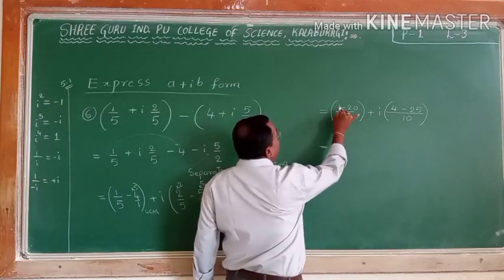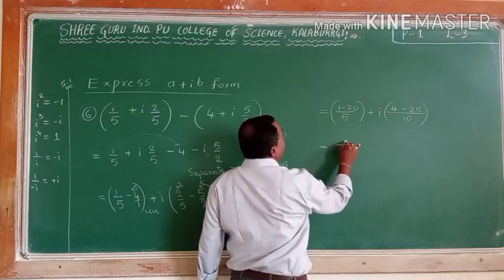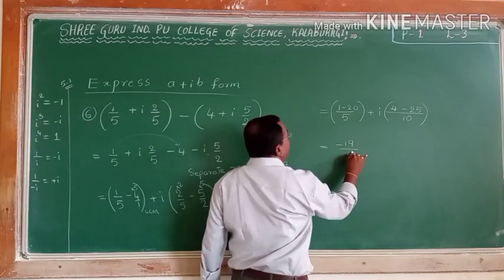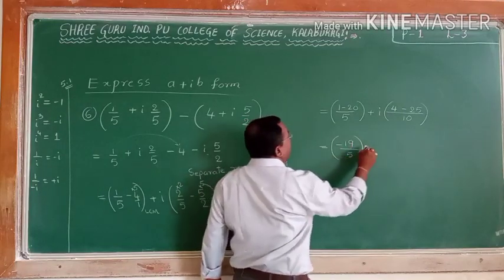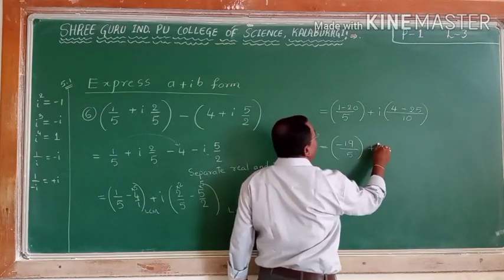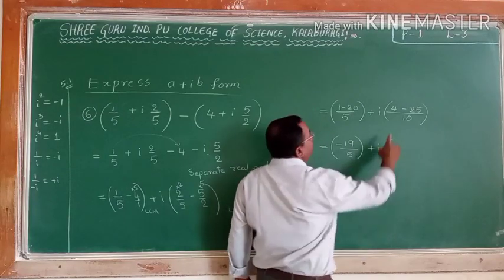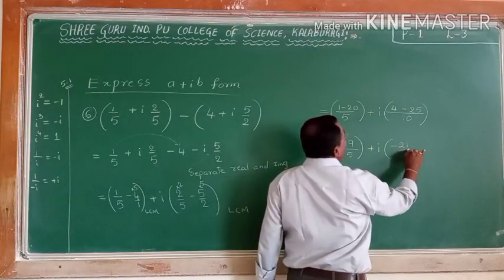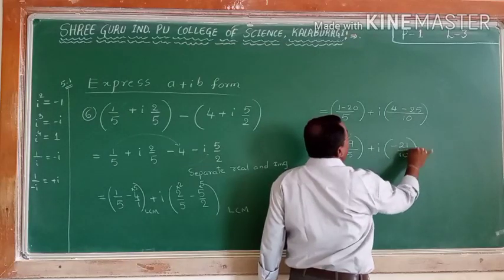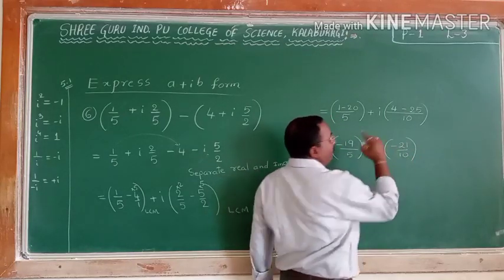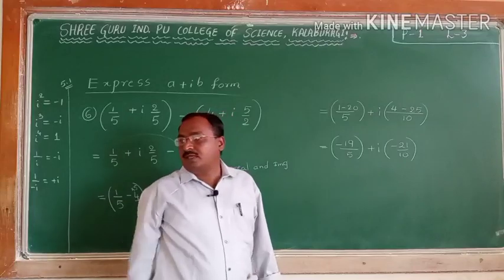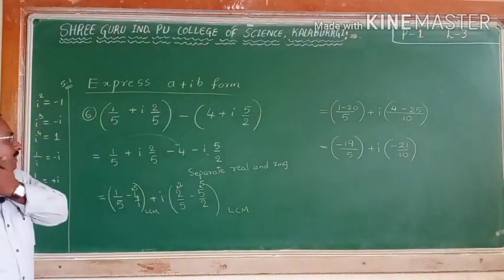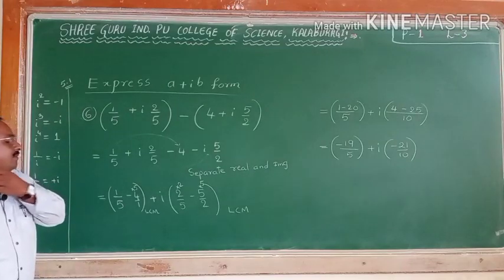That is 1 minus 20, that is minus 19 by 5 plus I times 4 minus 25, that is minus 21 by 10. A plus IB form. That is, here express A plus IB form is there.